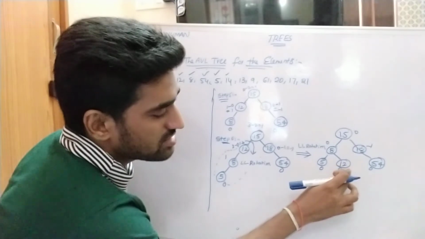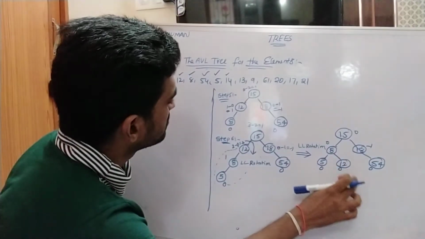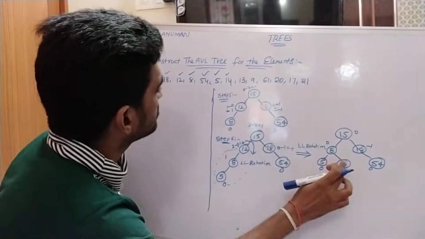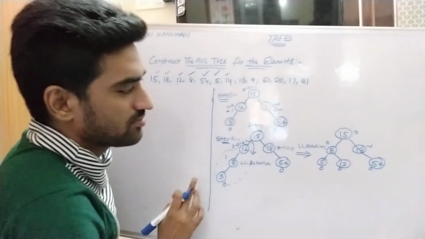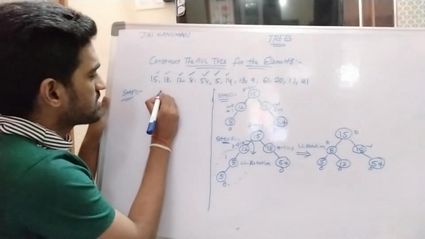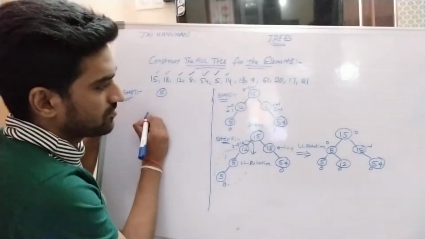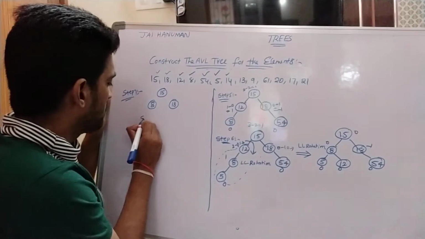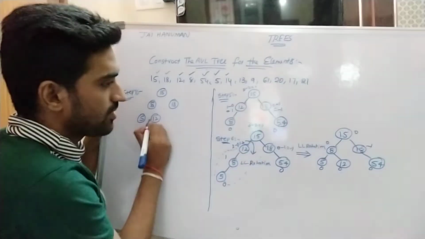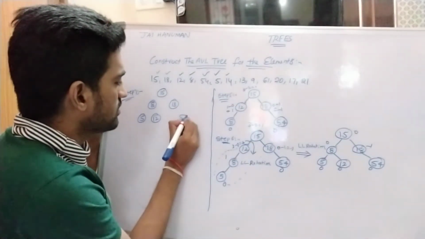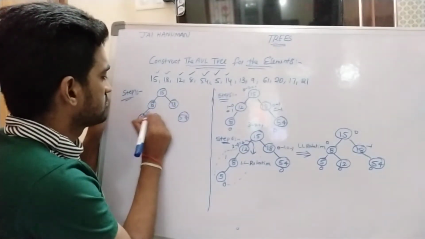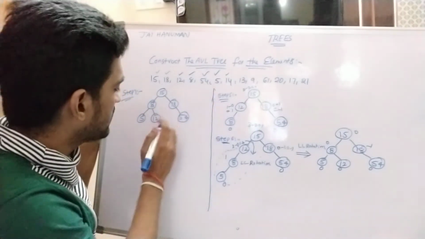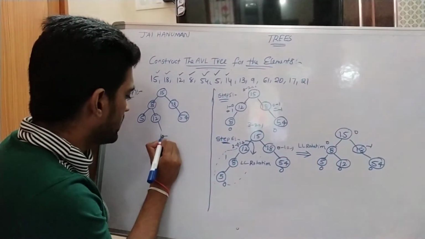When compared to 12, this is greater in value, move to the right. So at the right of 12, we can insert 14. Right? Now the tree becomes 15, 8, 18, 5, 12, 54, right? So we are inserting 14 at the right of 12.